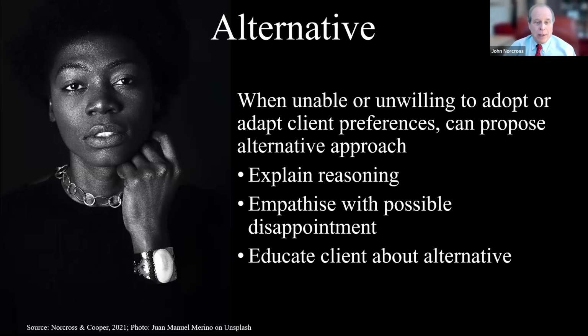When you're unable or unwilling to adapt or adopt, you just propose an alternative. Importantly, you explain your reasoning. You empathize with their possible or probable disappointment, educate, and at this point, it's a negotiation, whether you believe with their disappointment in not getting quite what they want, whether that will happen.